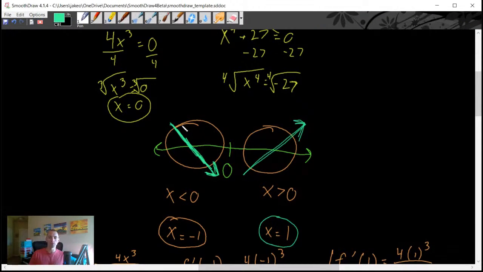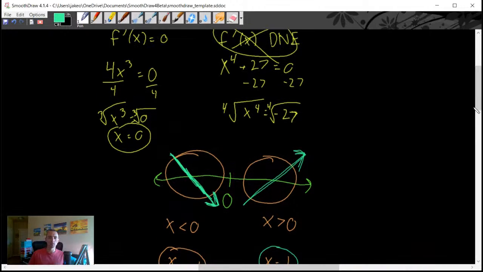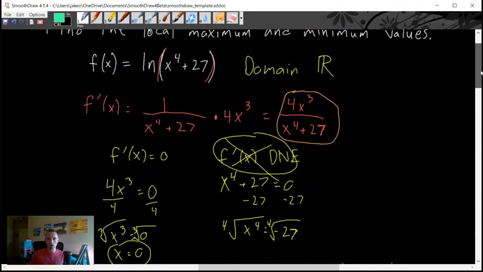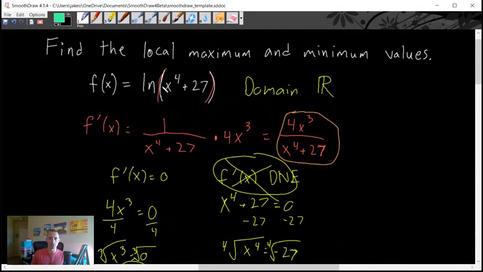So basically, our function f is decreasing to the left of x equals 0, and it's increasing to the right of x equals 0. So if we're decreasing to the left and increasing to the right, we have a local minimum right there, because it's coming down and then going up over there. So this critical number of x equals 0 is a local minimum of this original function.